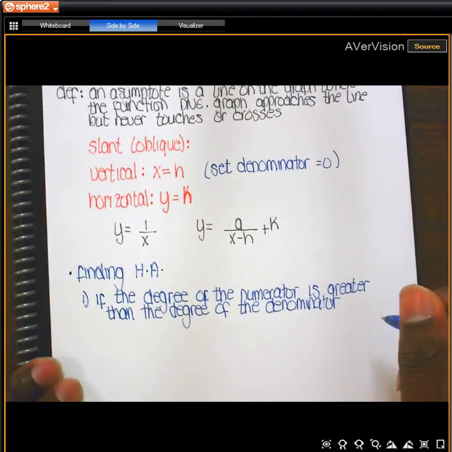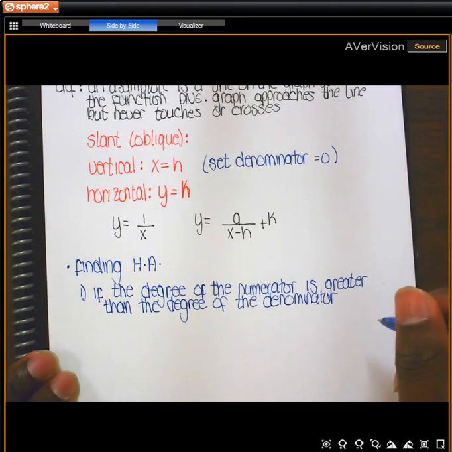There are 3 different possible solutions you can have for horizontal asymptote, and it is based off of the degree.